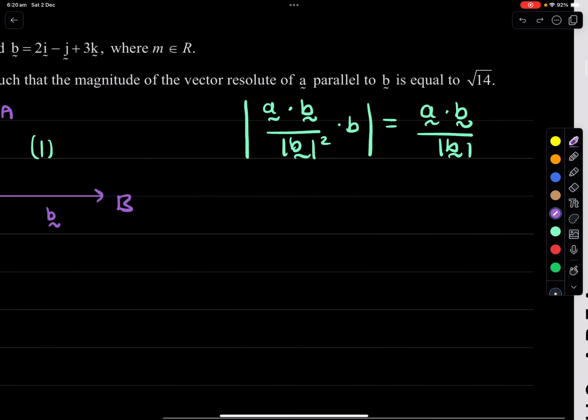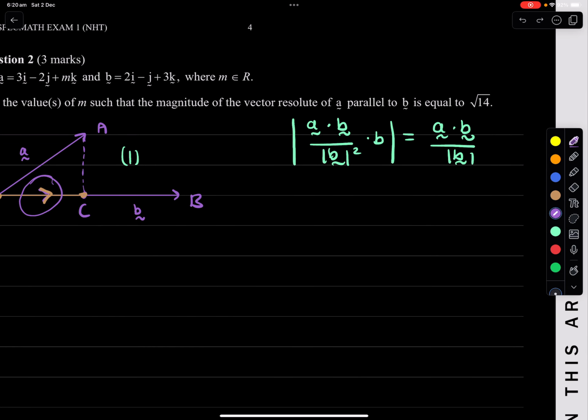So if I know that we are taking two cases, we can just let the vector resolute be plus or negative. If you haven't known, to get rid of these absolute values, normally what we do is replace them with plus or negative.